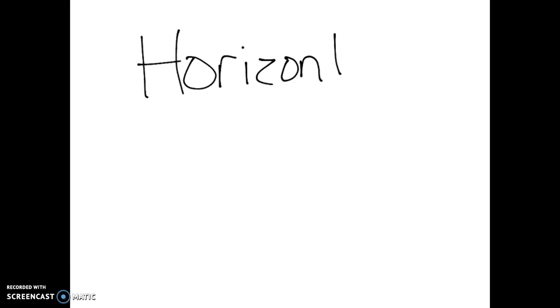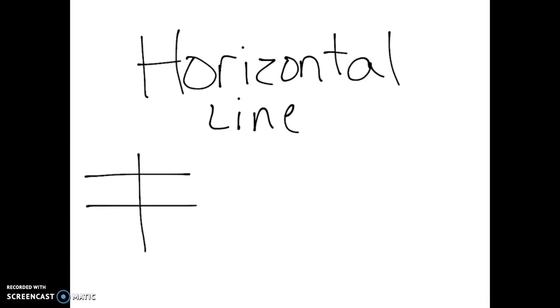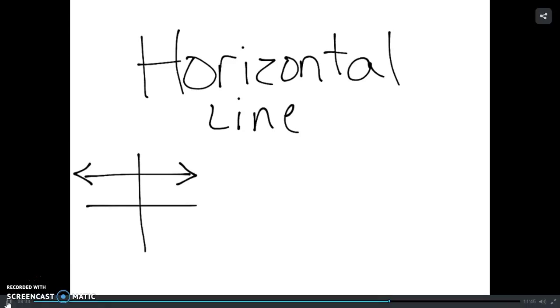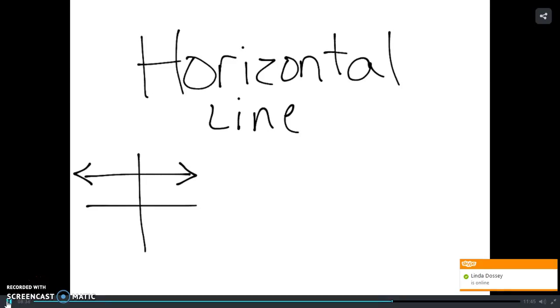The first one is if we have a horizontal line. Okay, so it's easiest to think about these as a graph. So let me sketch us out a graph here. So we have a horizontal line here, and the easiest way I can tell you to write these equations is going to be this. If it is a horizontal line, it's crossing over the y-axis.